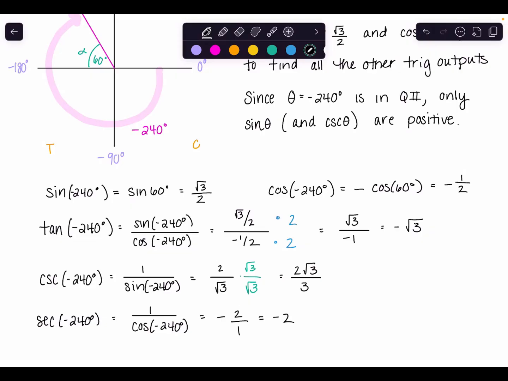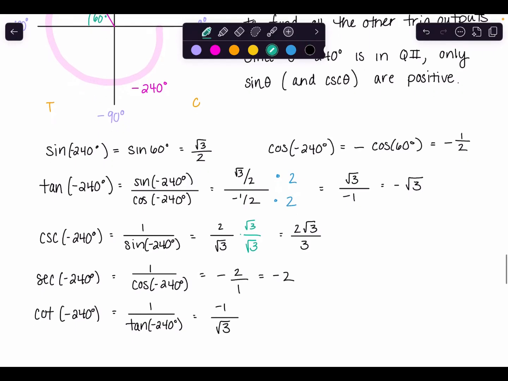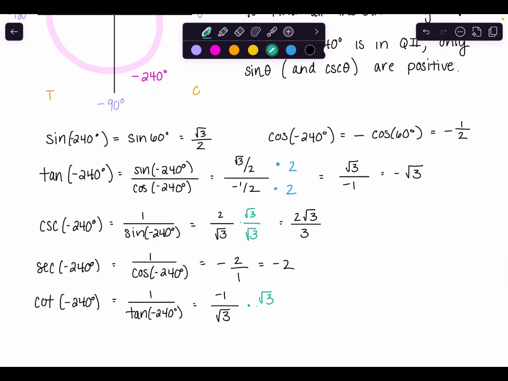Okay. Then to find secant of negative 240, it's the flip of cosine. So cosine of negative 240 is going to be negative 1/2. So you just flip that and it gives you negative 2. And then finally, cotangent of negative 240 degrees is we just flip tangent.